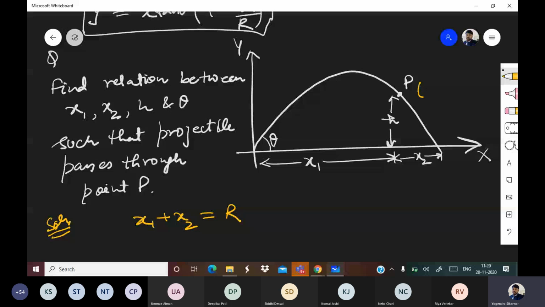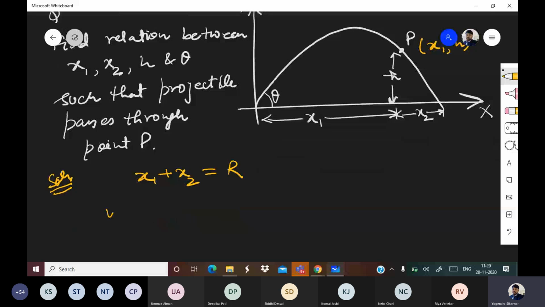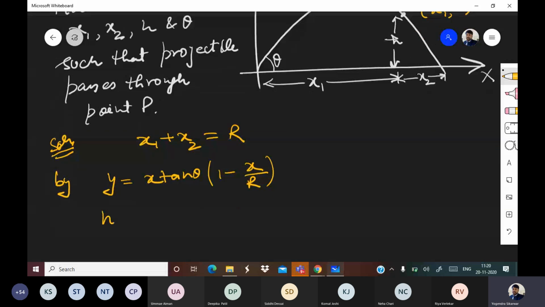So with these values we can easily solve. So y is equal to x tan theta into 1 minus x upon r. So y is how much? H is equal to x1 into tan theta into 1 minus x1 upon r. R is x1 plus x2.